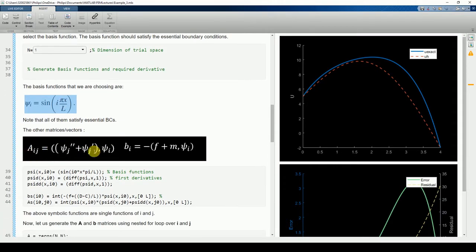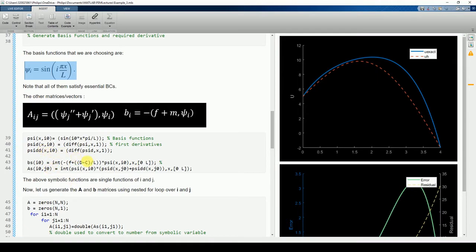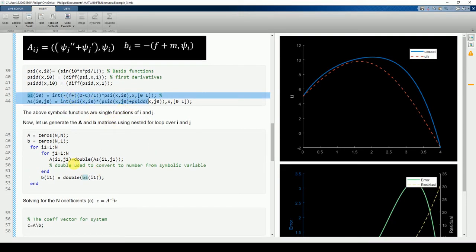This is what we developed in the previous slide, these Aij and Bi, and we calculate them using psi i, psi i d, psi double d, which are our basis functions. Again we convert these symbolic functions to matrices and vectors by looping over i and j.